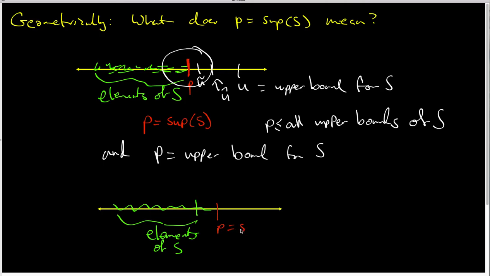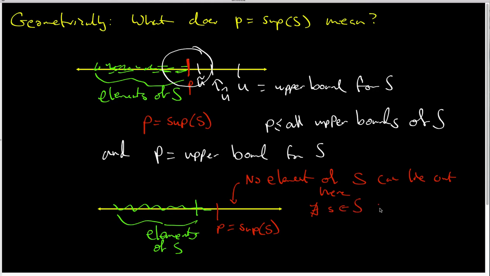So here is the sup of S. Now what this means is that clearly no element of S can lie out here. In other words, there's no element of S that is bigger than P, because otherwise P would not be an upper bound.